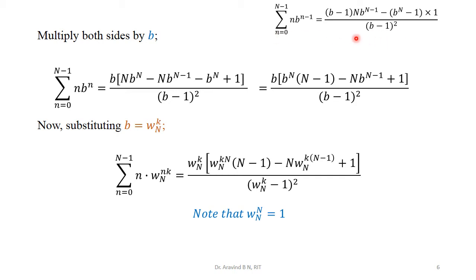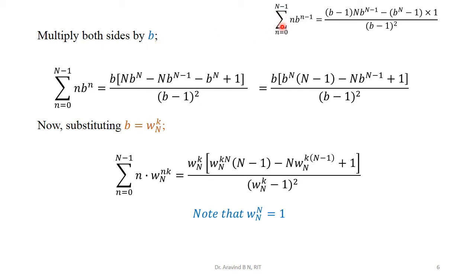Now multiply this expression on both sides by b. That's what is written here. After multiplication, this is what we get. Just for one example, take the left hand side. On both sides we are multiplying by b.